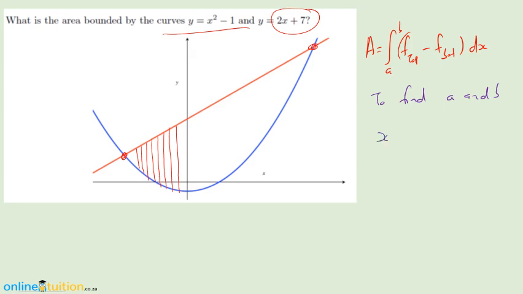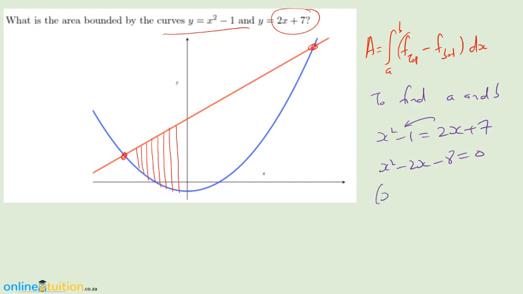So we're going to say x squared minus 1 must equal 2x plus 7. Agreed, that's where the graphs intersect. So we get x squared, minus 2x, and 7 becomes minus 8, equal to 0. And what are the factors of 8 that'll give you this?